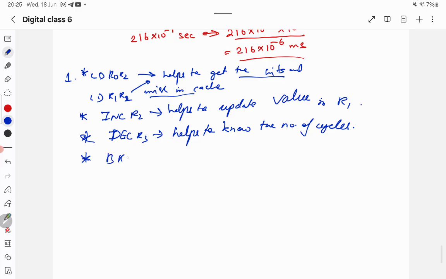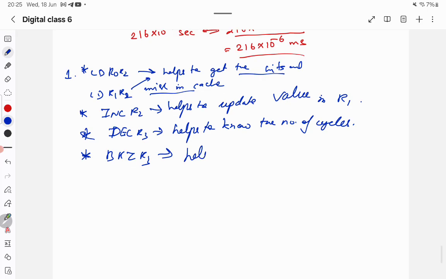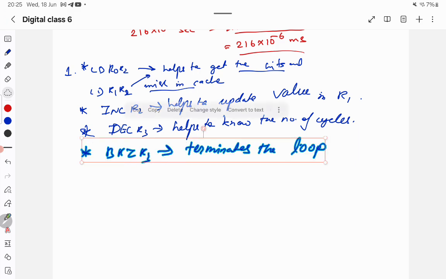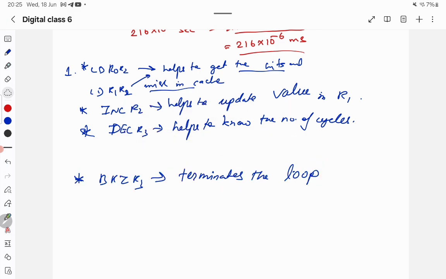Next, BRZ R3: what it is doing is terminating the loop, because if our R3 becomes 0, obviously it will move to the last instruction. So it terminates the loop.